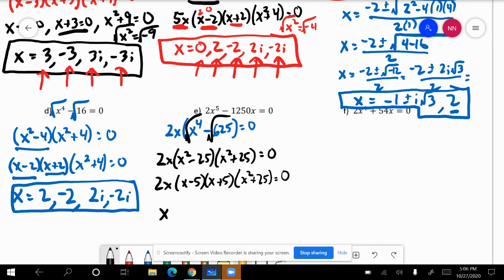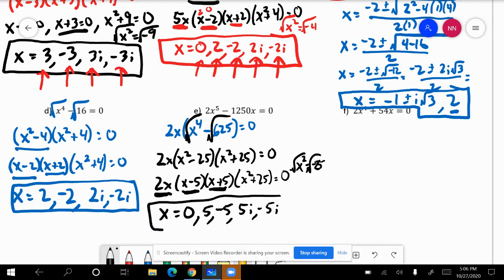We're going to find all our zeros. Monomials give us 0. Opposite would be 5, negative 5. And we know that in the back of our mind, we move the 25 over and then take the square root, and we get 5i and negative 5i. Notice that we have 5 answers. It's degree 5.